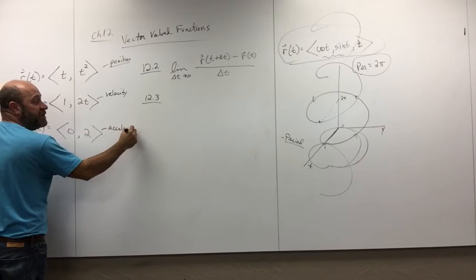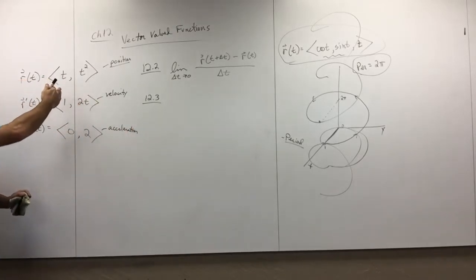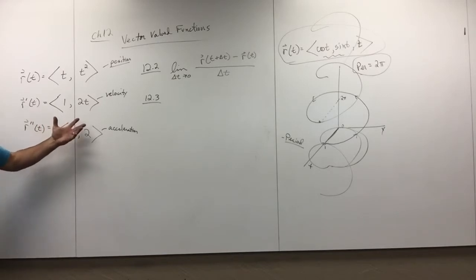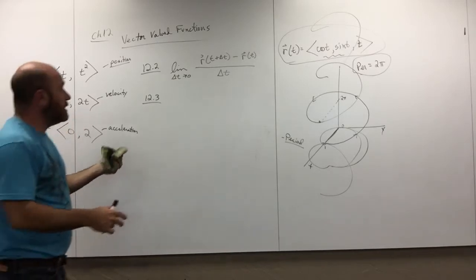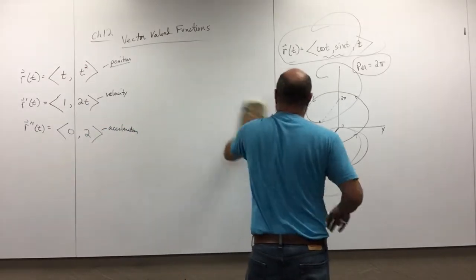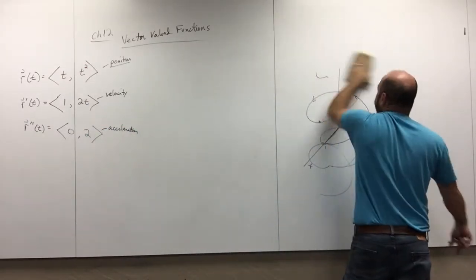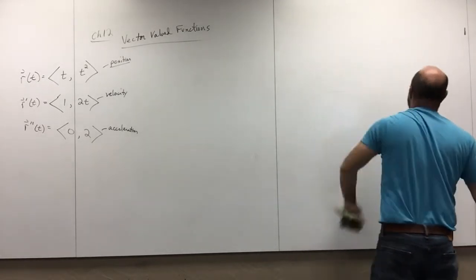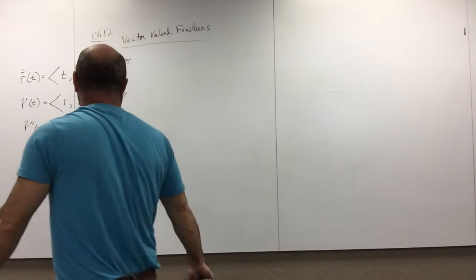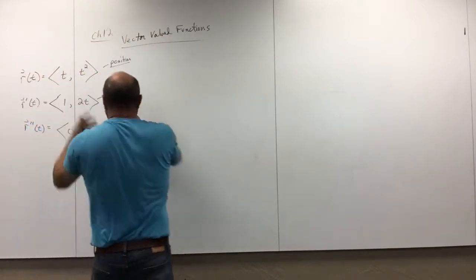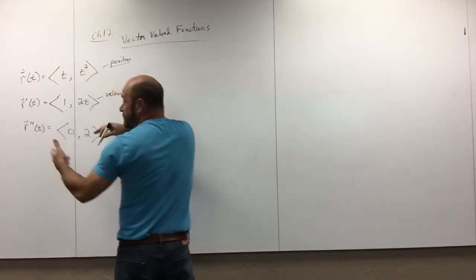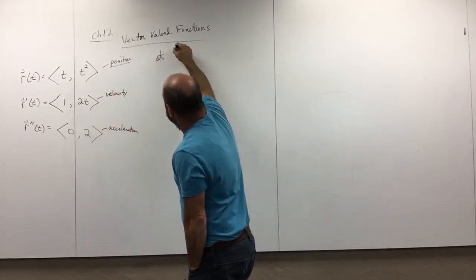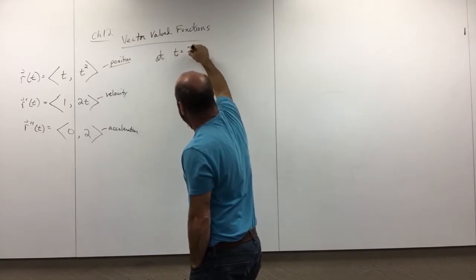And what I love to get you to do is to sketch a curve and sketch some velocity and acceleration vectors on that curve. So let's do this. We accelerated past the book. I want to sketch this and illustrate all this at the point t equals 2.